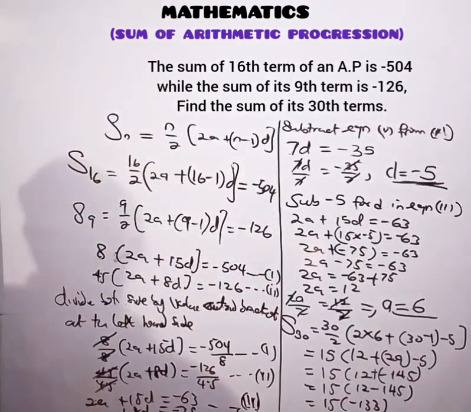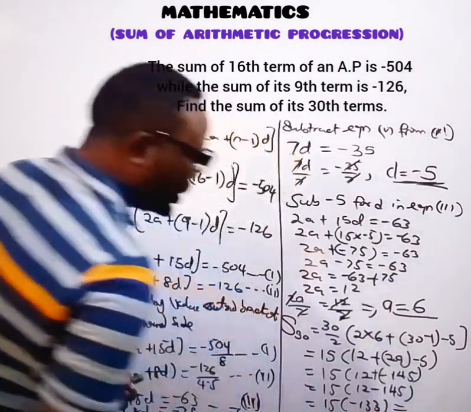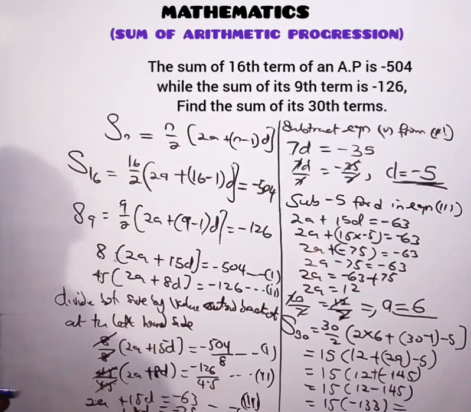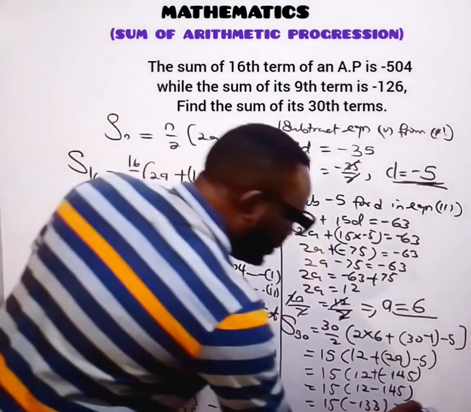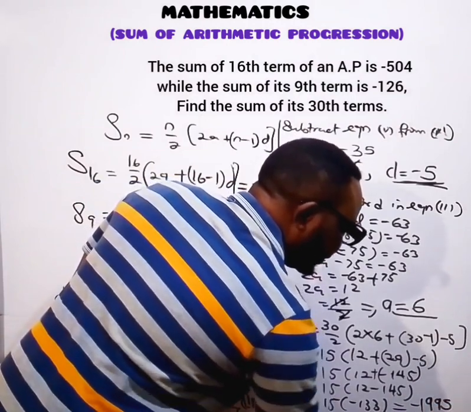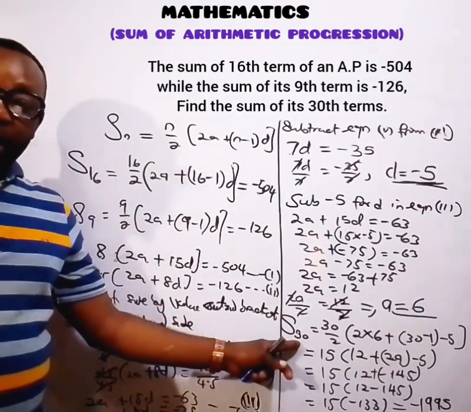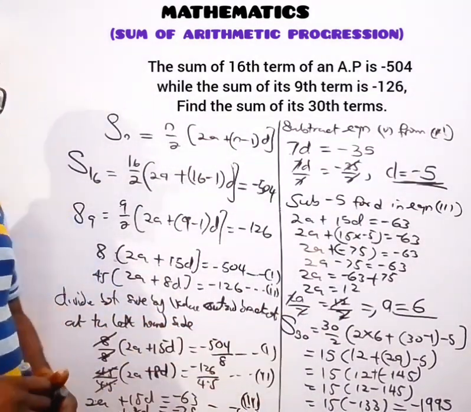Now when we multiply this, because the bracket means multiplication, we are going to have minus 1995. That is the sum of the 30 terms that we have to find.